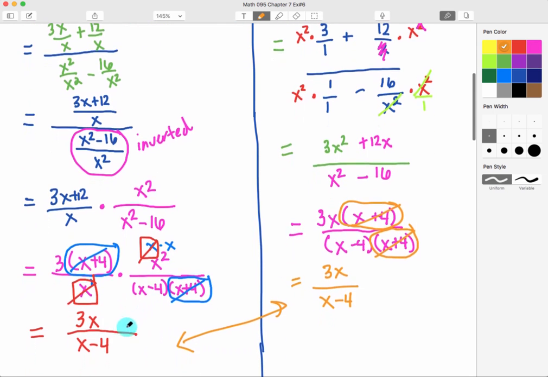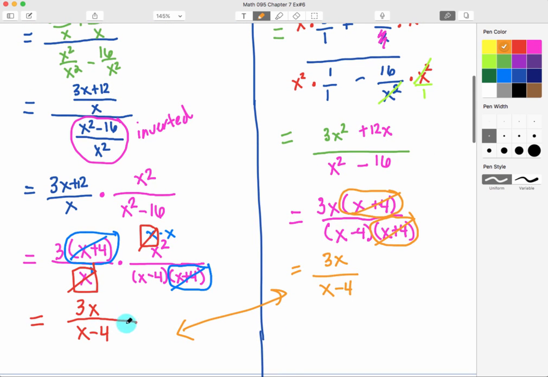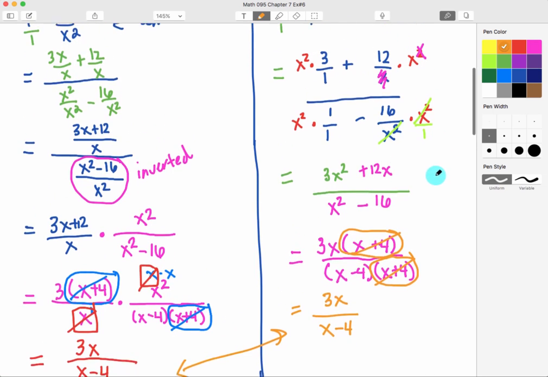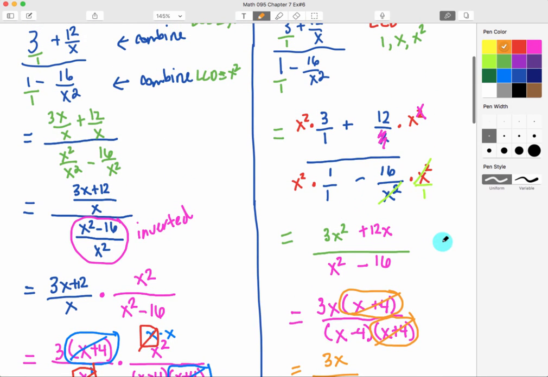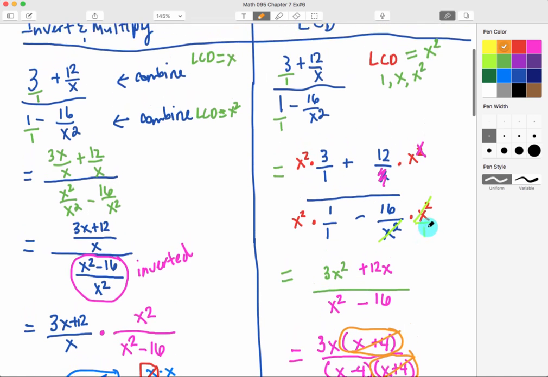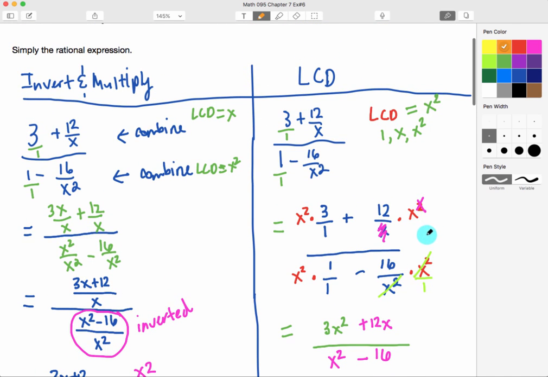So it took until like the very end to get one fraction bar, but in the LCD method it was here on the third step that we now had one fraction bar. So generally the less steps you have to do, the easier the problem is. So this is why I tend to like the LCD method instead.